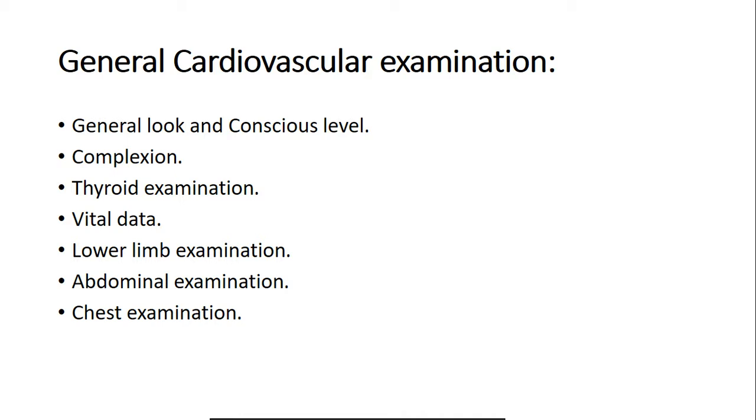Local cardiovascular examination is starting with inspection. You check for the apical pulse, you check for other pulsations, you check for dilated veins on the chest wall. Palpation, you have to address the exact location of the apex and see if it is deviated.